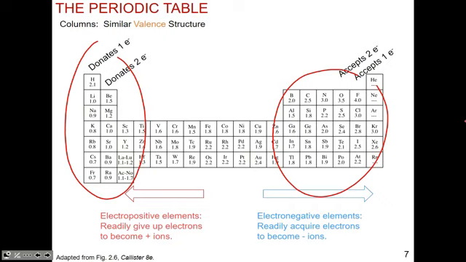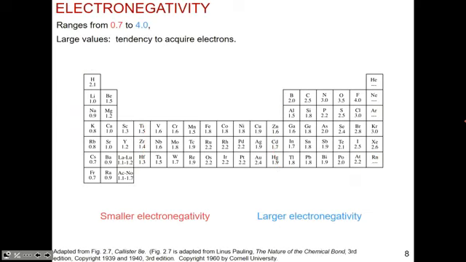Now, I drew some general arrows that you see here: more electronegative elements, more electropositive elements. There's really no well-defined line of what's less or more, but it's really a scale. So it's something more or less electronegative. And so you can see here again the periodic table.